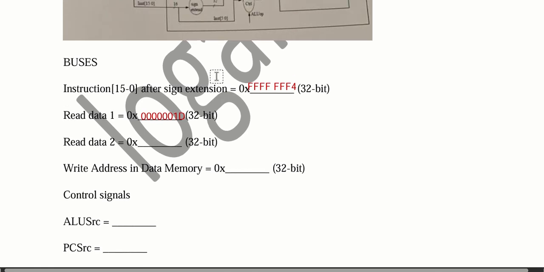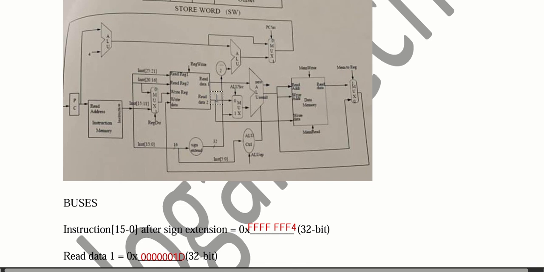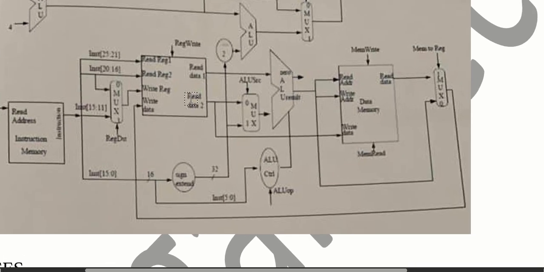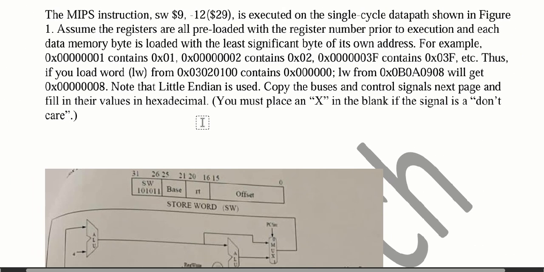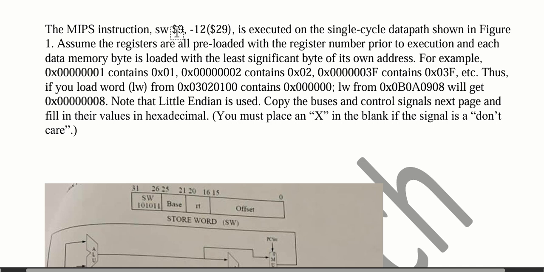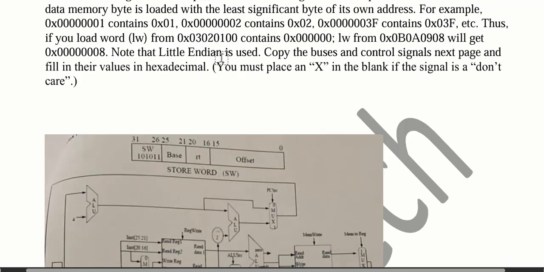And the next part is read data 2, right? Now read data 2 is this one. Remember that in store word, we'll pick the read data 2 directly and put it in memory, right? Now the read data 2 is the register specified by $9. But they said that what is stored in $9 will be 9 because all registers are preloaded with their register number prior to execution, right? So it means that $9 stores 9.